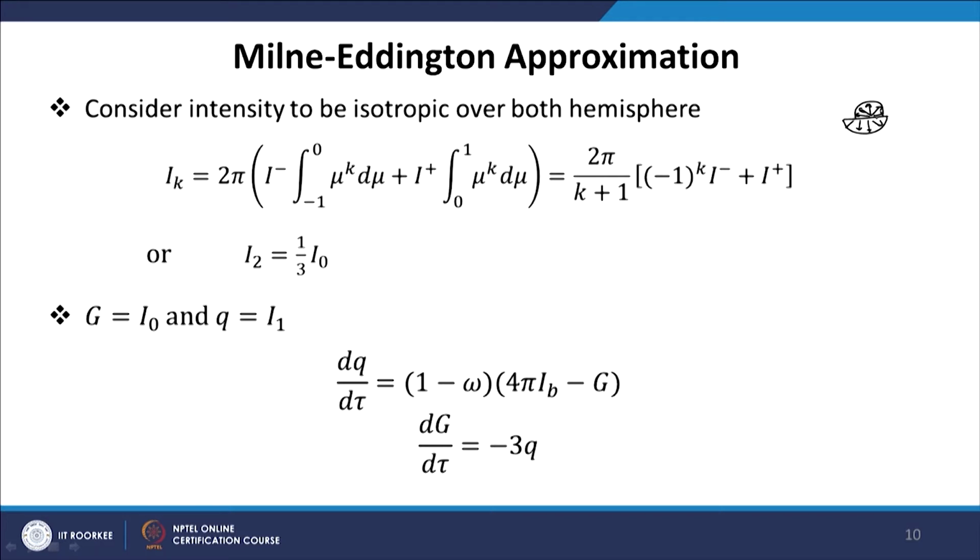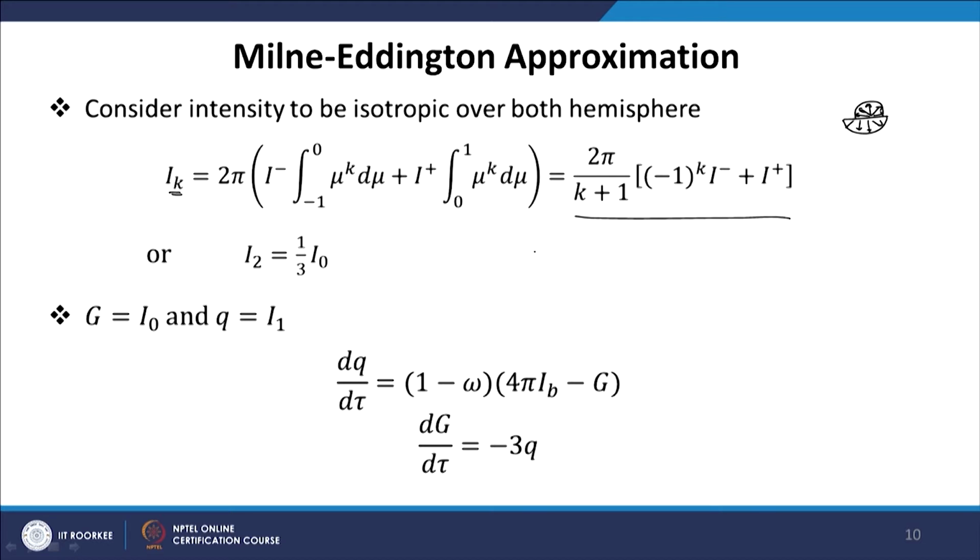So, we write the kth moment as the integration over -1 to 0, where intensity is going to be I minus. So, 2 pi I minus times the integral from -1 to 0 of mu to the k d mu, plus the integration over 0 to 1 of mu to the k d mu, and this quantity becomes 2 pi by (k plus 1) times (minus 1 to the power k I minus plus I plus).